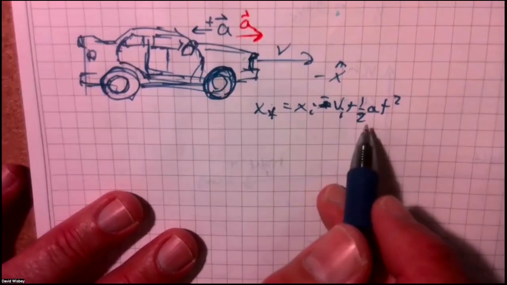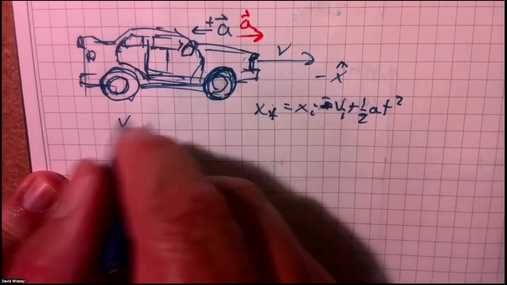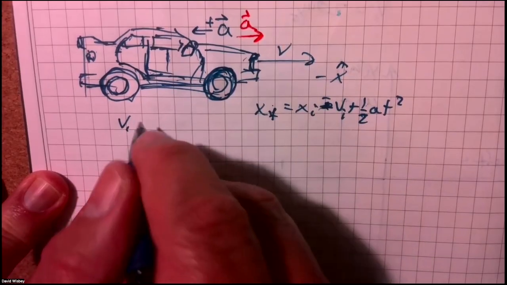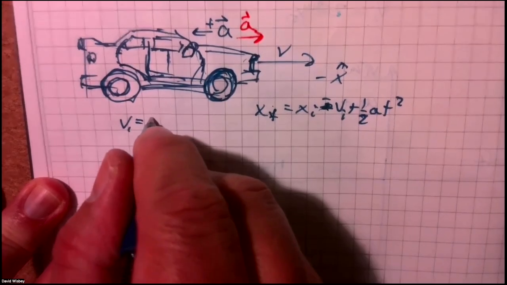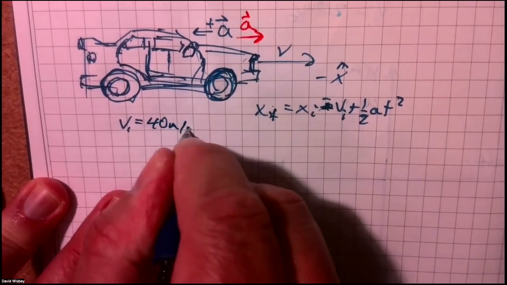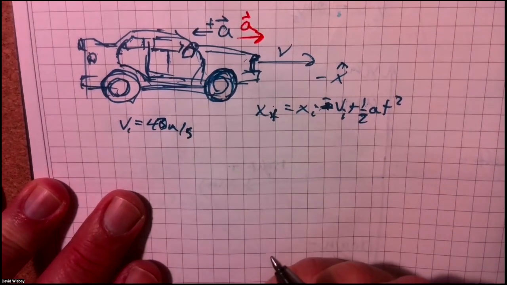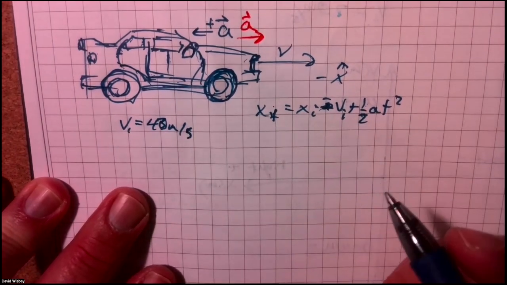But let's go back to the situation of me in the Mustang. I'm pretty sure I hit about 80 miles an hour in the parking lot. And so, of course, we know that that was 40 meters per second. I feel like I was probably going more like 43 meters per second, not miles per second.